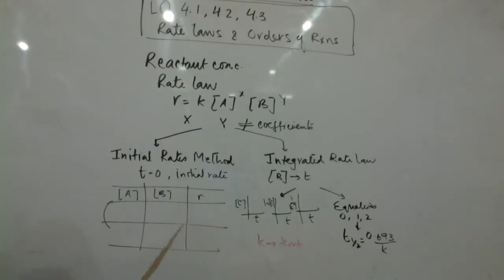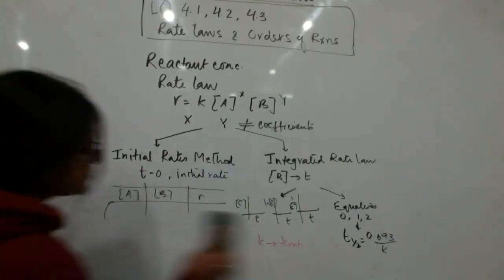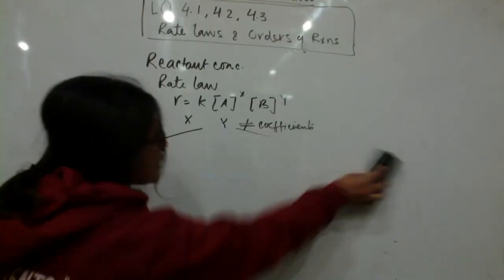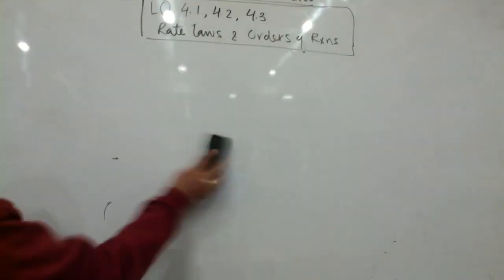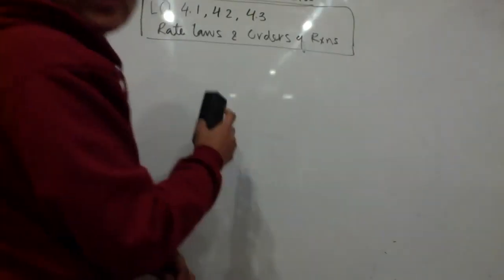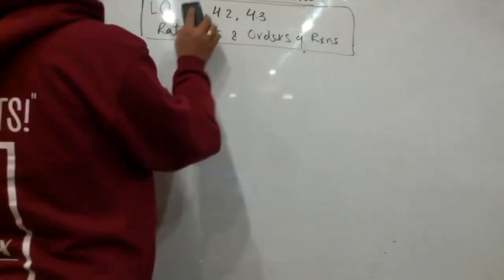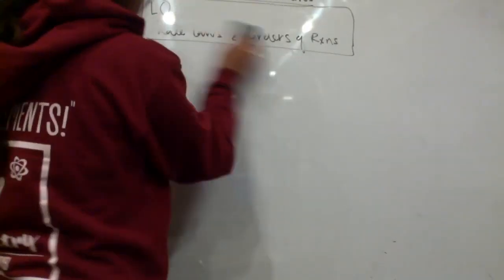And then the second type of learning objectives were on reaction mechanisms. And I will answer the questions once I'm done going over it. So let's go over learning objectives now.